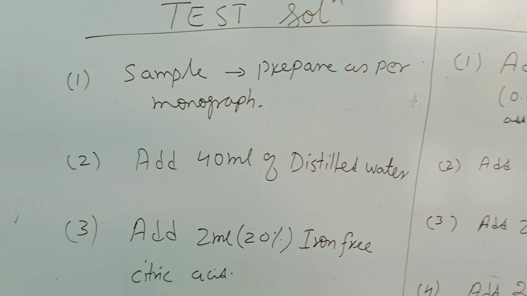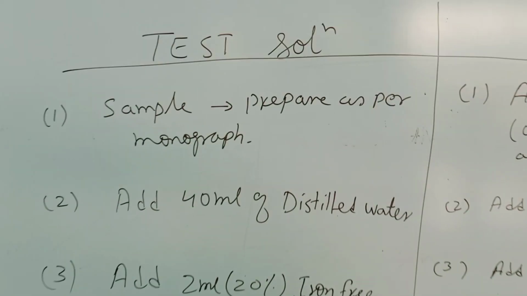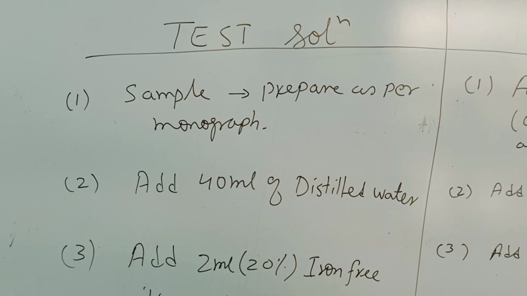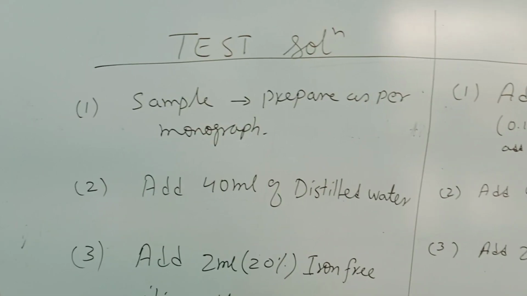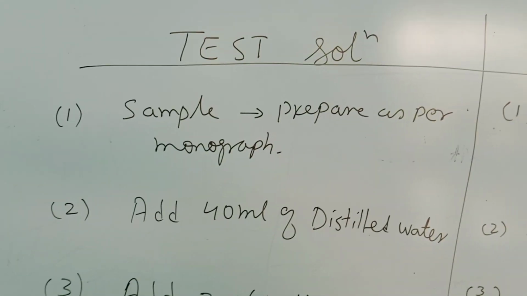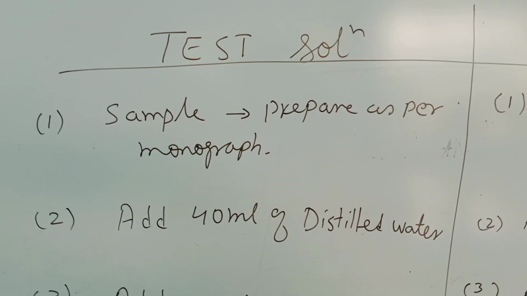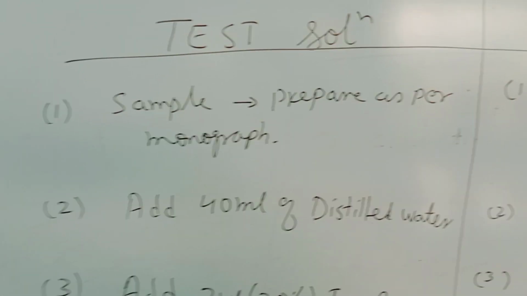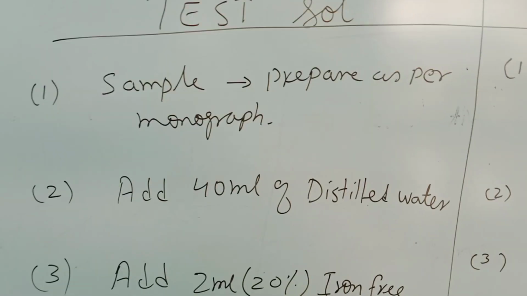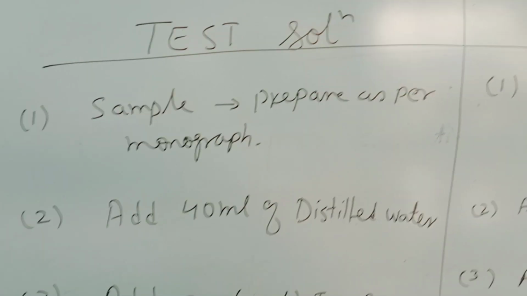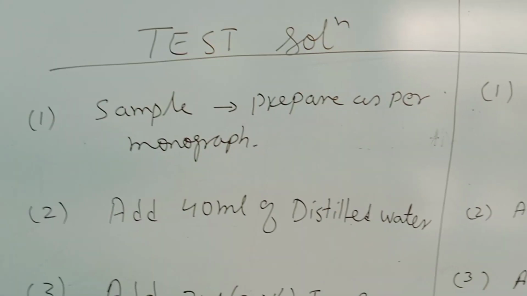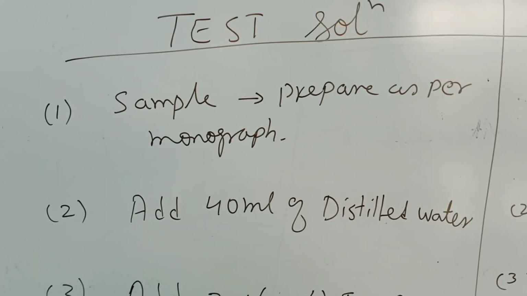So whatever the sample which is exposed for the limit test of iron, that particular sample must be prepared in order to perform the limit test, and its pre-procedural preparation should be done accordingly, as well as its preparation procedure must be done accordingly as per the monograph.